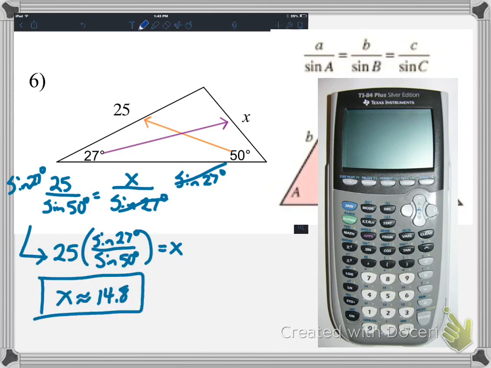That should give you approximately 14.8. It's like 14.81606269. Now, the problem asks you to round it to the nearest tenth, so it's 14.8. So I hope this helps. Please let me know if you have questions.